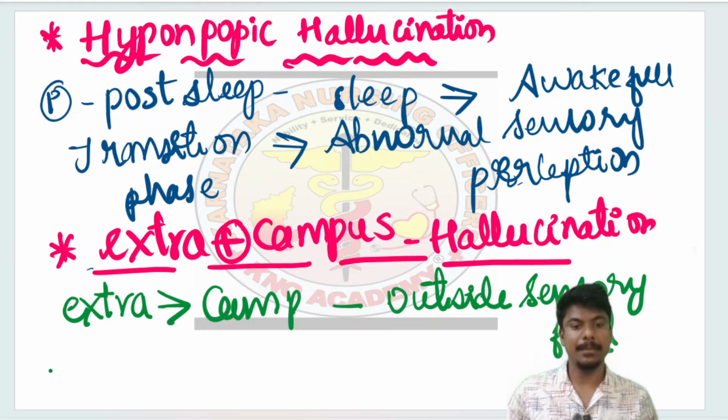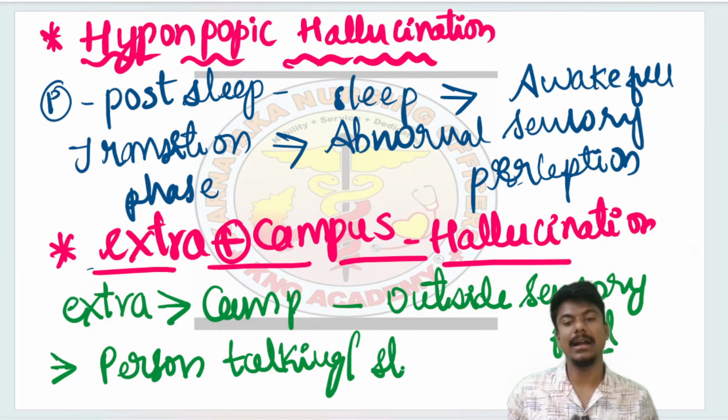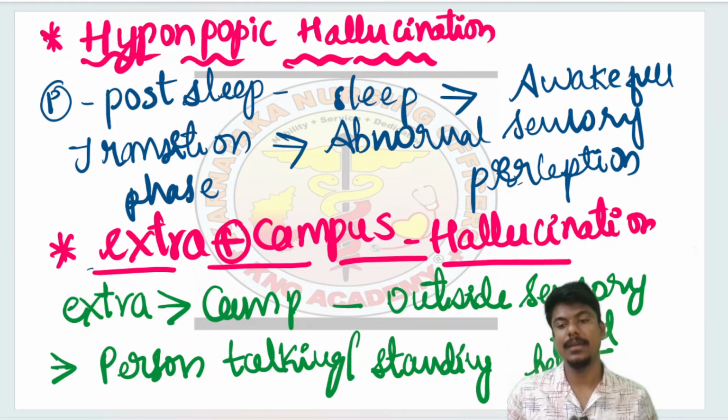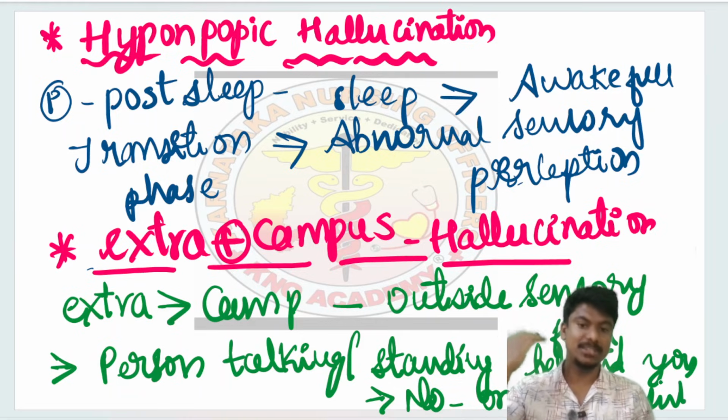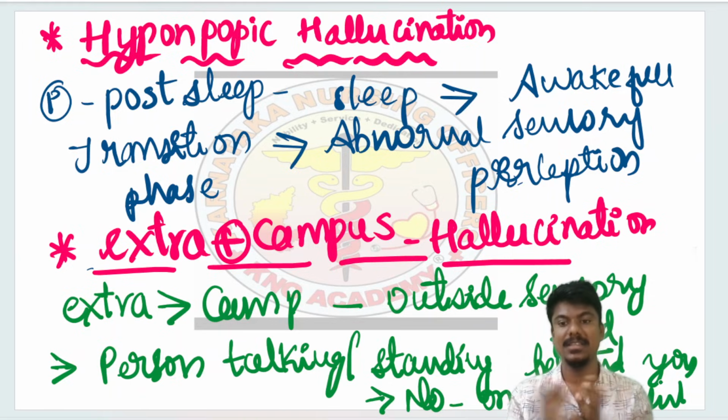I'll give you an example. You will feel that a person is talking or standing behind you, behind your sensory perception, when actually there is no one present. You feel somebody is talking or standing behind you, but if you look, nobody is there in the sensory field.